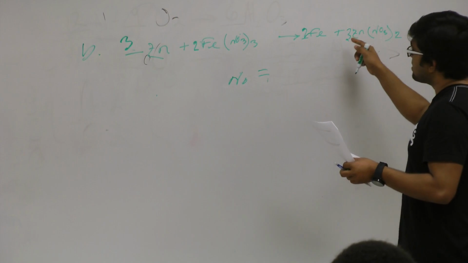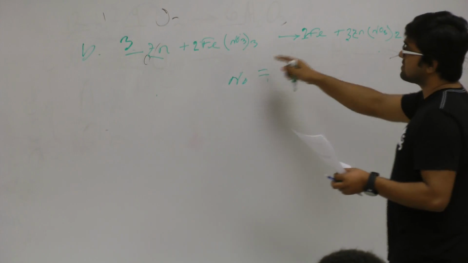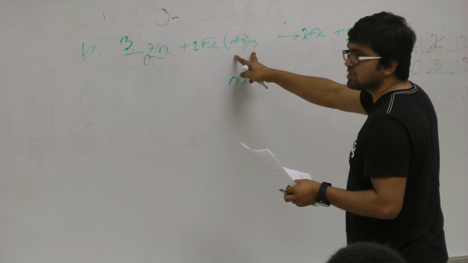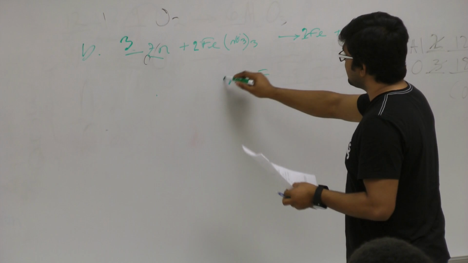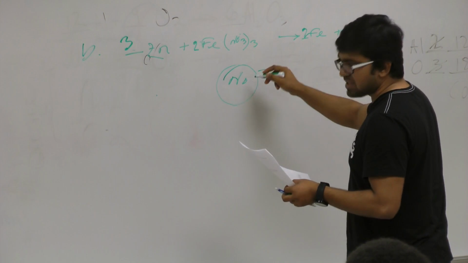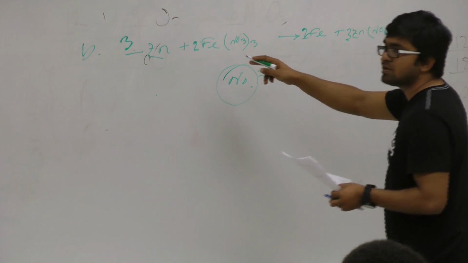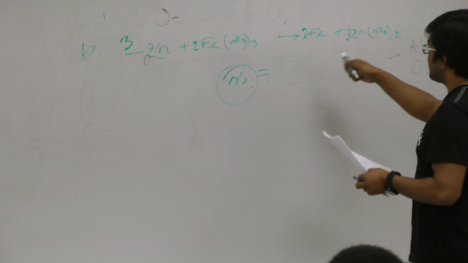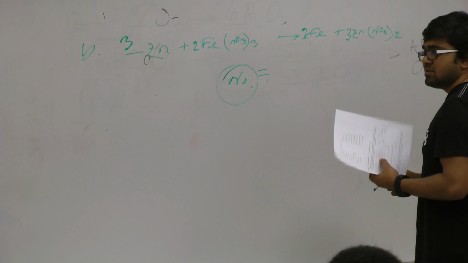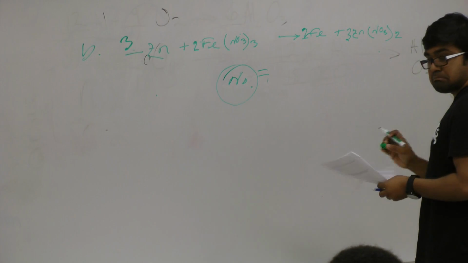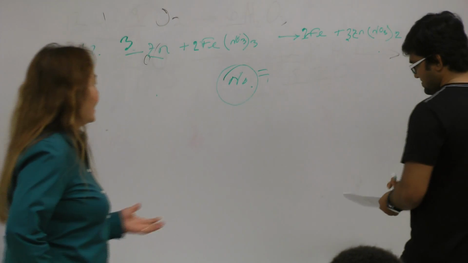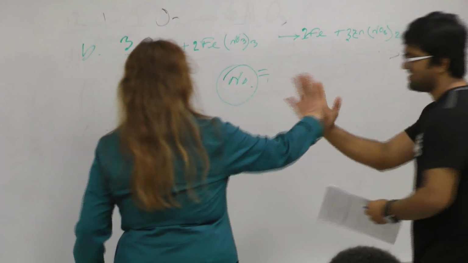I have to increase 2 iron on this side to balance this one out. My whole point is here, which is NO. I balance out NO, then I add 3 on zinc and 2 on iron, 2 on iron, 3 on zinc. Okay, any questions there? Pretty cool, huh? Nice and easy and simple, awesome. Good job.